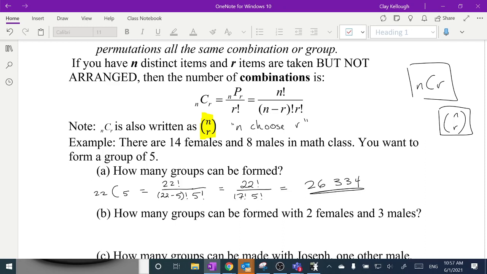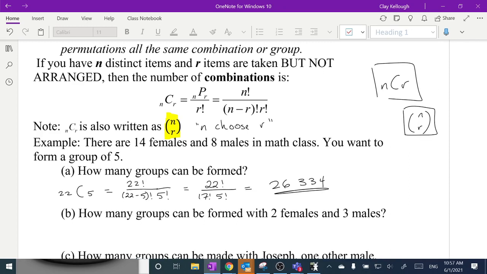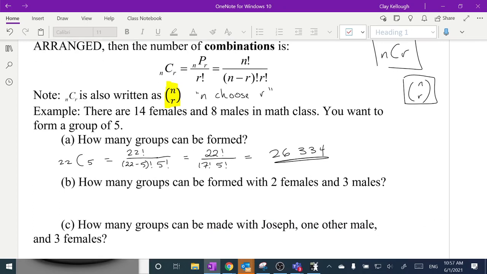Okay, that was a very basic question. Let's make it a little more challenging. How many groups can be formed if you have to choose 2 females and 3 males? Why don't we just think of it as 2 separate things? Out of the 14 females, I choose 2 of them, and out of the 8 males, I choose 3 of them. What does the fundamental counting principle tell us?